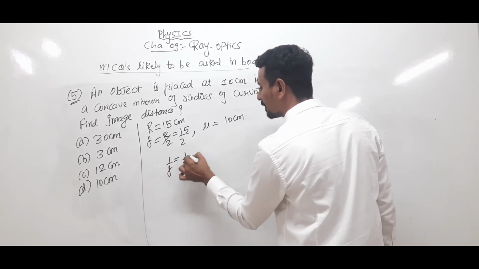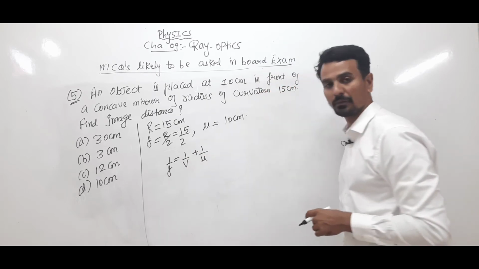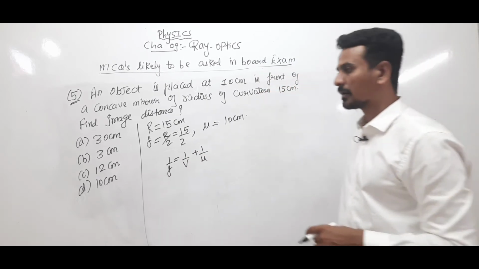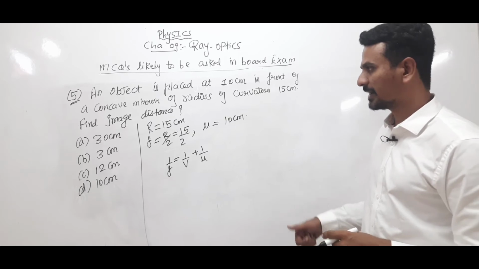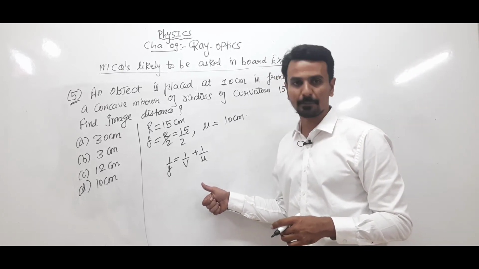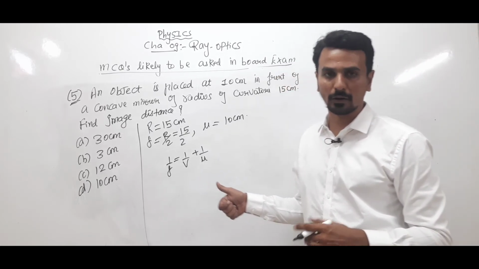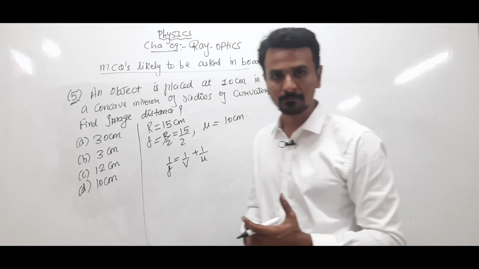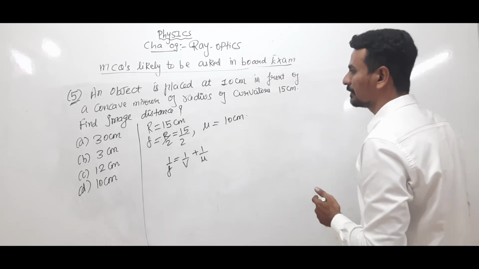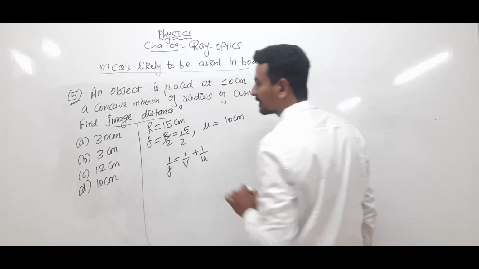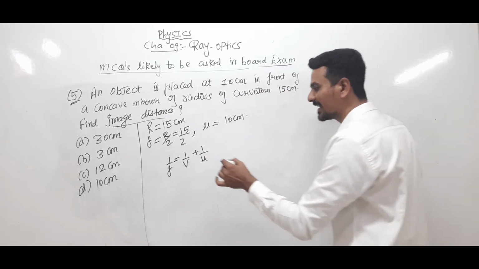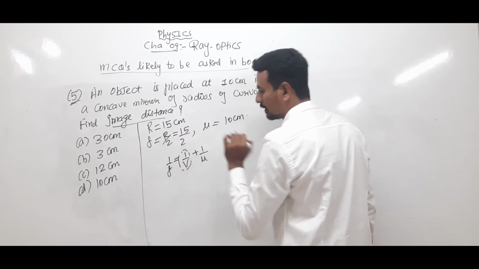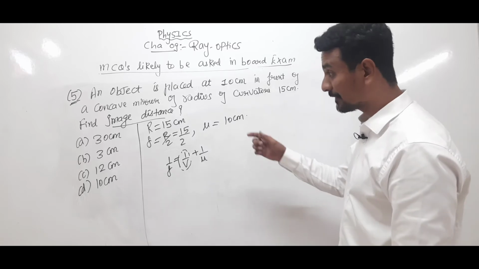We know this formula, 1 by f is equal to 1 by v plus 1 by u, right? Okay. See, one thing is important, do not apply the sign convention for the quantity which we need to find out. Clear? That means we have been told to calculate the image distance. So I will not put any sign here, because that is what we need to find out.